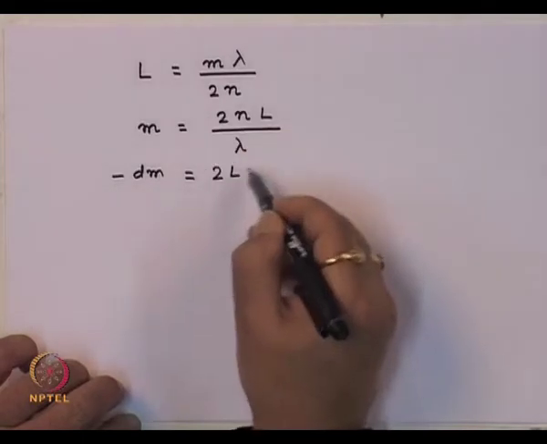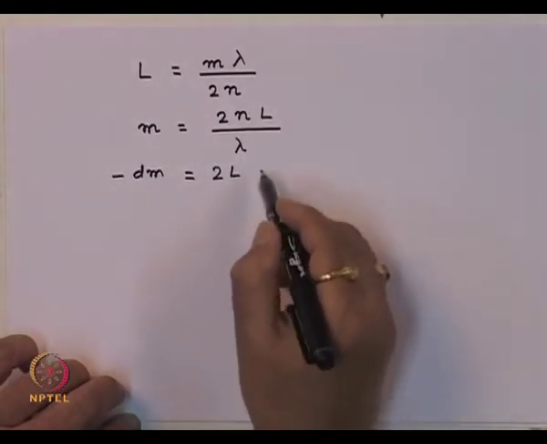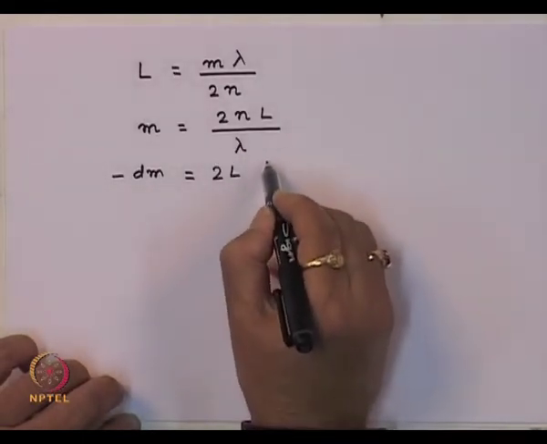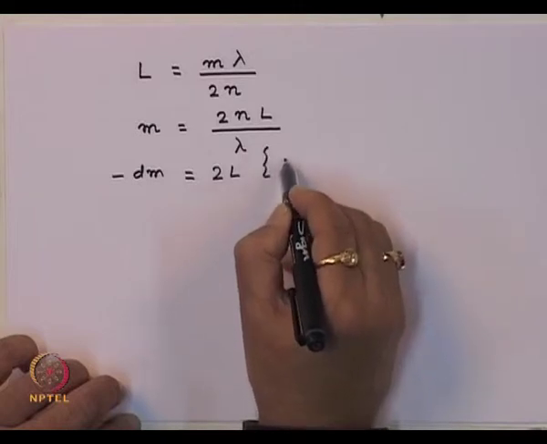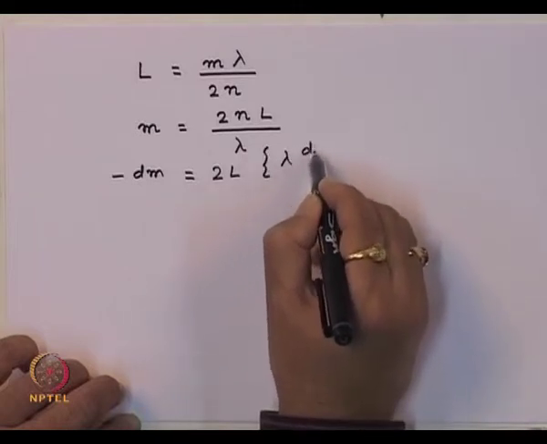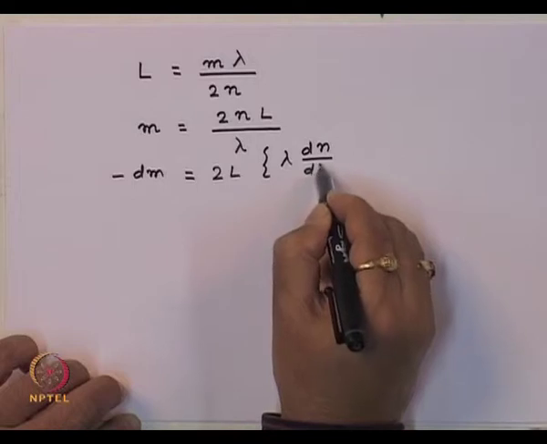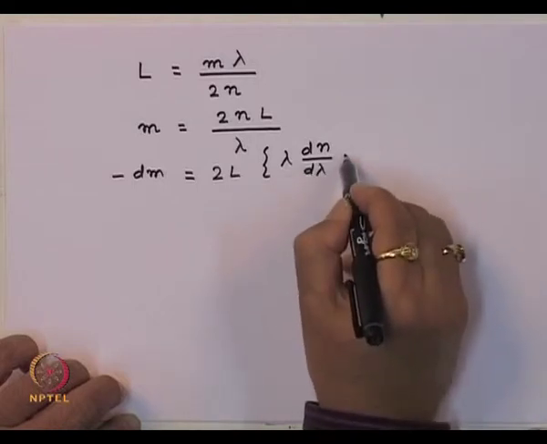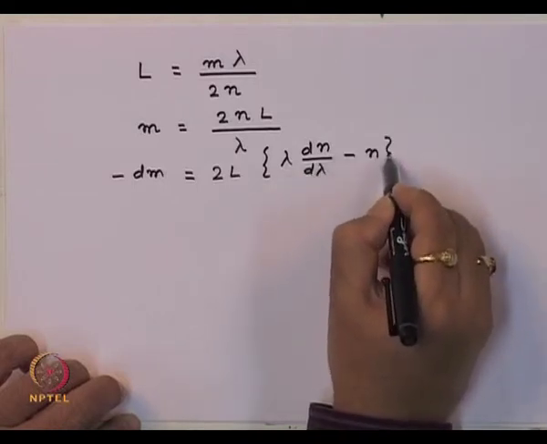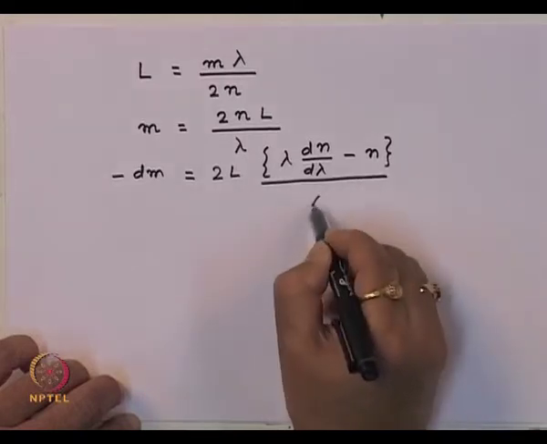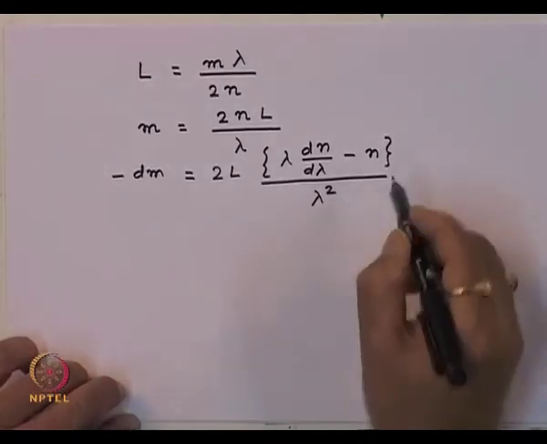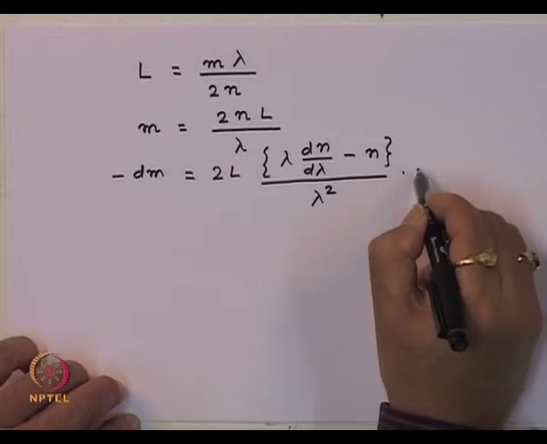I can differentiate this quantity with respect to lambda. So, that is (lambda dn by d lambda minus n) divided by lambda square, multiplied by d lambda.